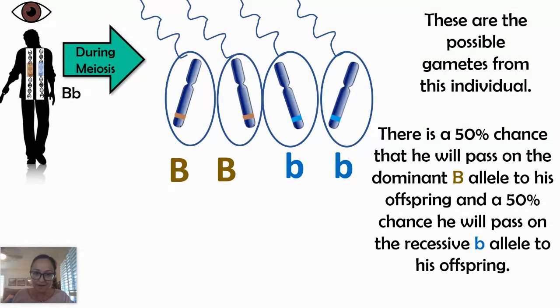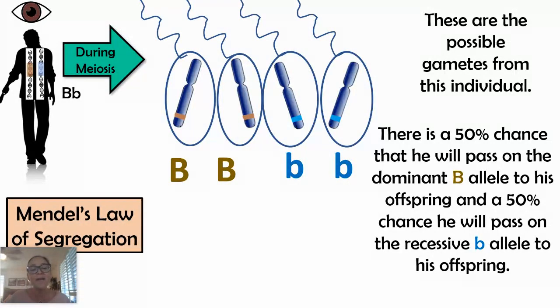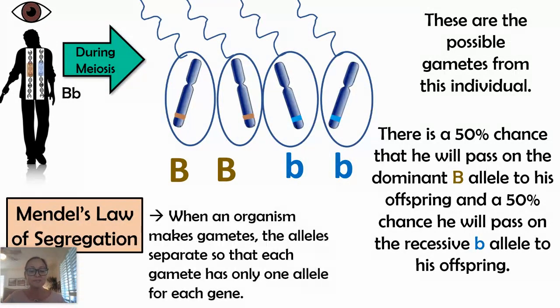Because when meiosis occurs, these diploid organisms' 2 alleles, the dominant and the recessive, separate. So half his gametes will have a dominant allele and half will have a recessive allele. There's a 50-50 chance his offspring will inherit the dominant or the recessive.